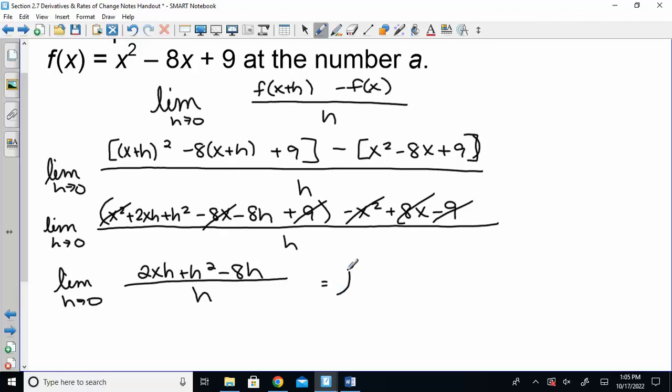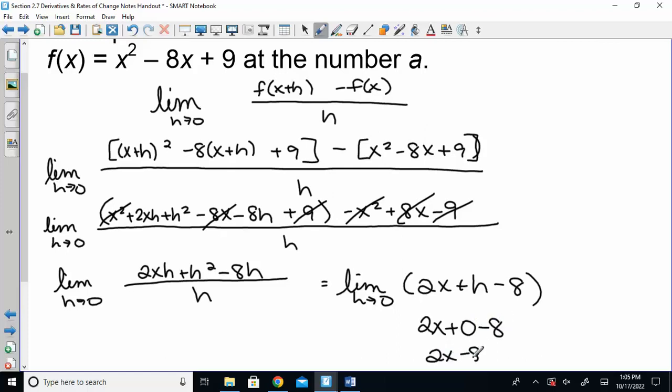What do you notice about everything that's left? So if I go ahead and reduce an h out of everything, then you can plug in your 0 for h, and we get 2x minus 8.